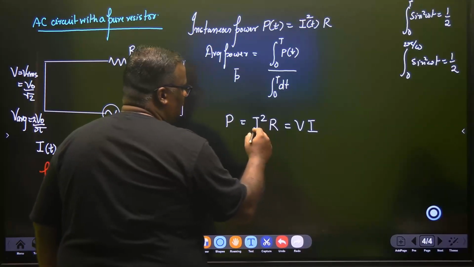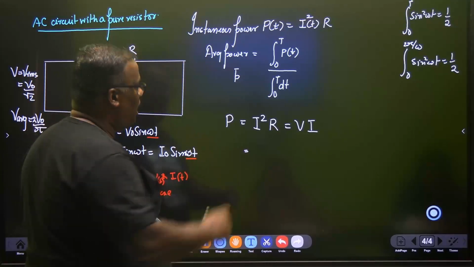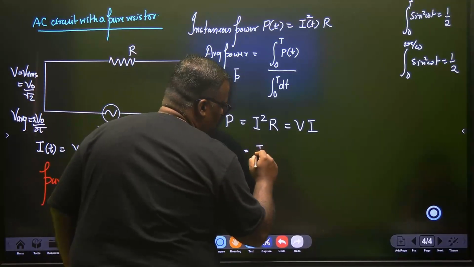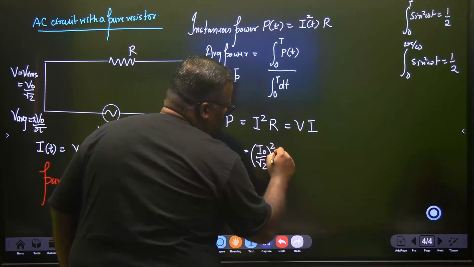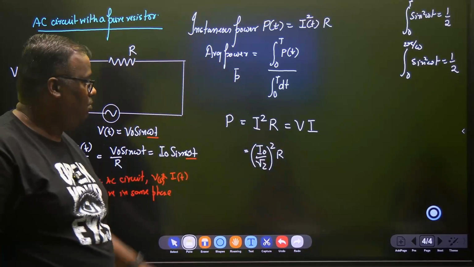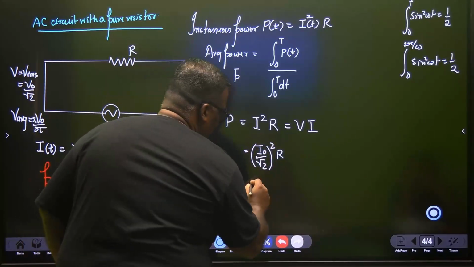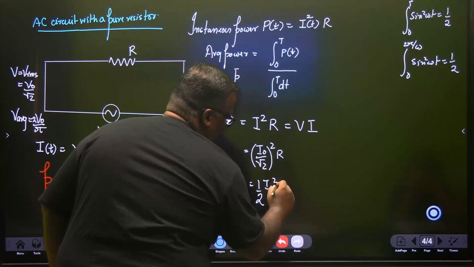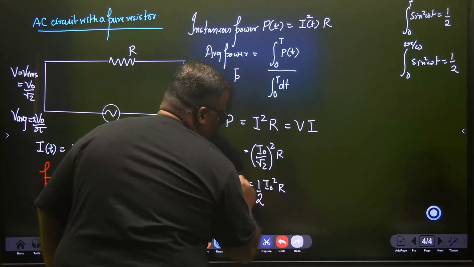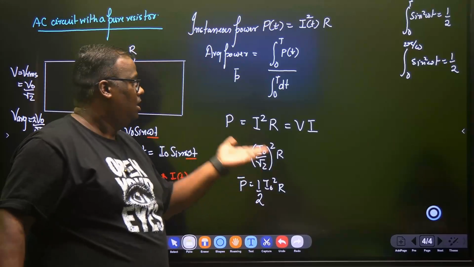What is I, children? I is I RMS. I RMS means I naught by root 2, whole square multiplied by R, right? But we want to see this in terms of the I naught value, so I naught square over 2 becomes half, times R. So in your book, average power will be written like this also, the same thing.